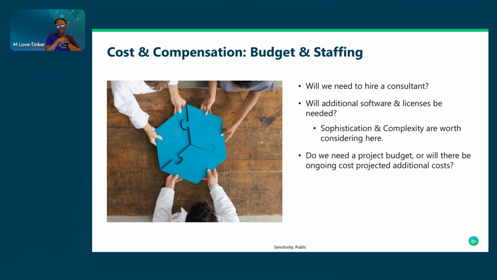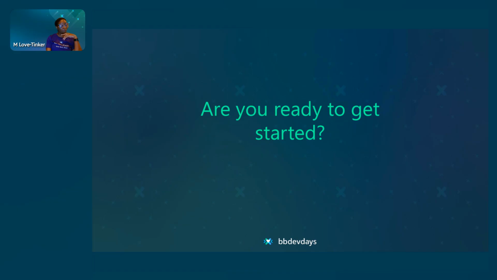Is it an ongoing cost, or more of a project cost, where we're projecting out what we're going to do and how we're going to train to be able to maintain this, and then at the end of the project launch, that cost is gone? So is it a project versus long-term? We want to consider that in what we build and why, because again, we've got to be budget conscious too.